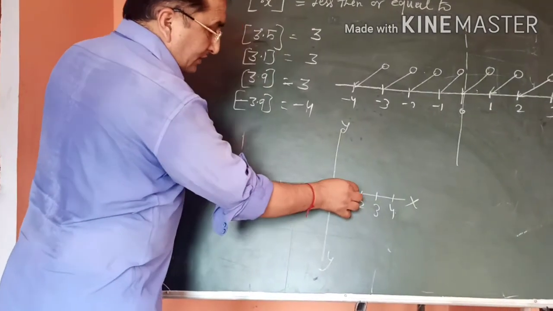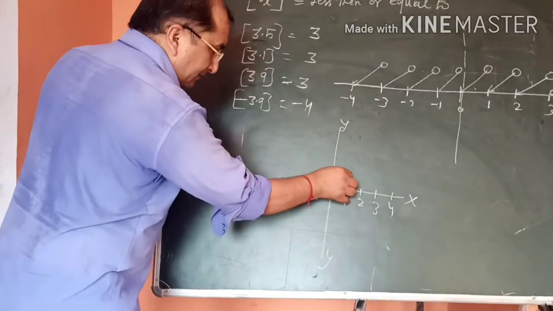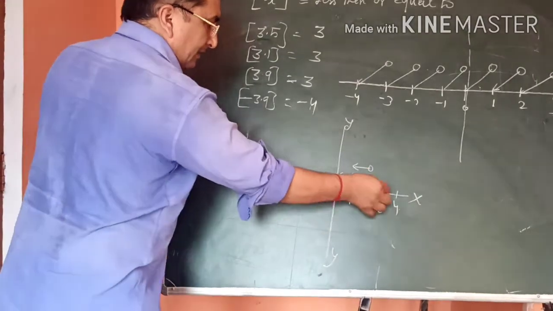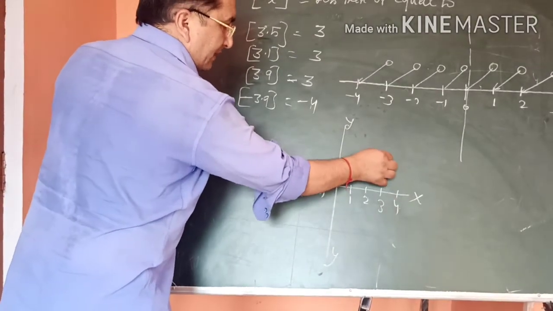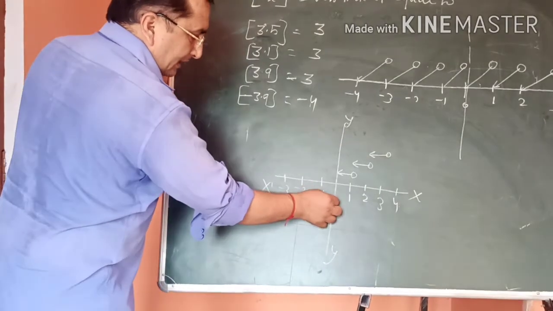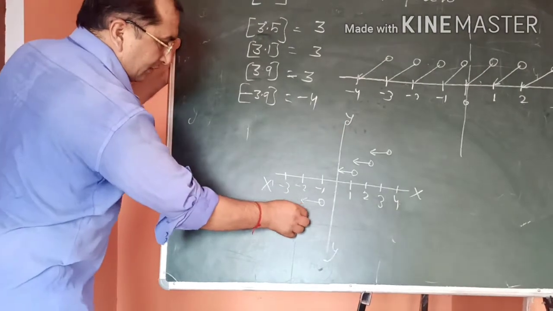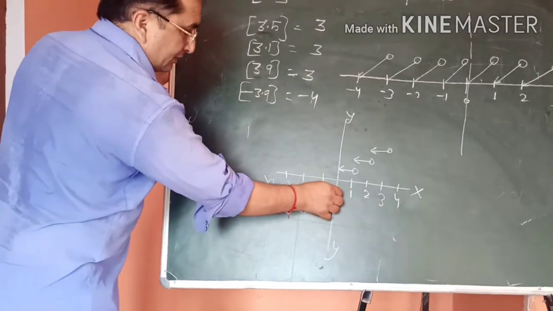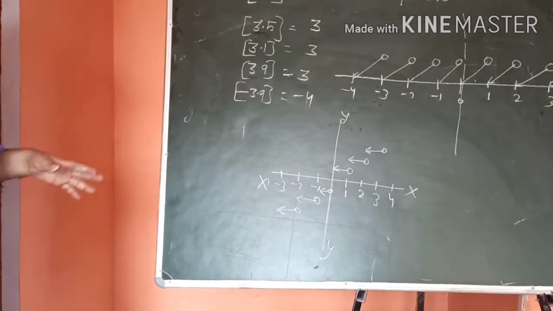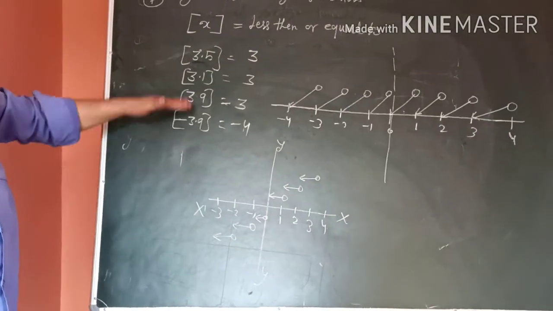All the numbers from 1 onwards will come down here. All numbers from 2 to 3 will come down like this. Here, 1 to 0 will come, and in the same manner these numbers will act here, and 0 will come here, then minus 1. In this way, in a 2D axis, we represent the greatest integer function.